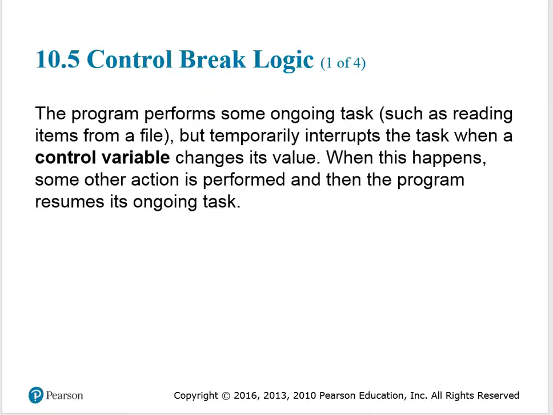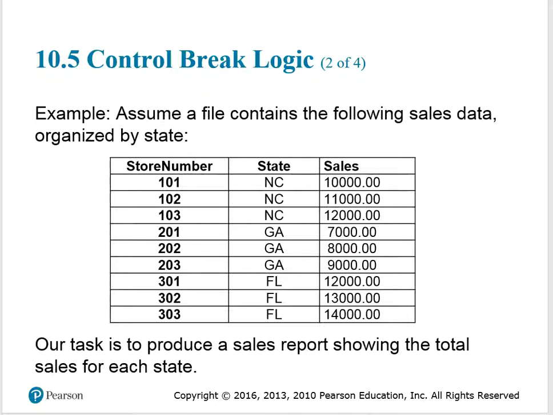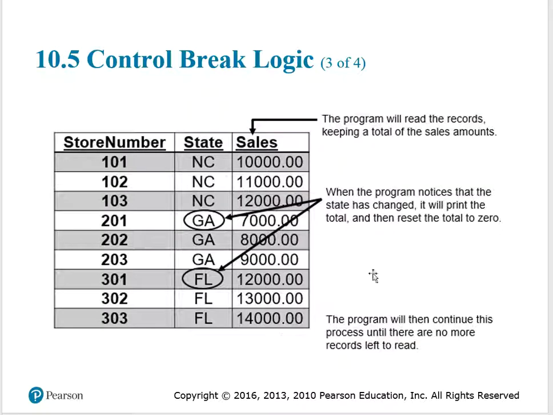Okay, now assume that the file contains the following data organized by state. As you can see in here, our task is to produce a sales report using the total sales for each day. This program will read the records, keeping a total of the sales amount.